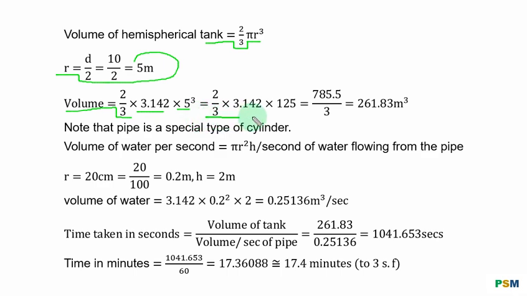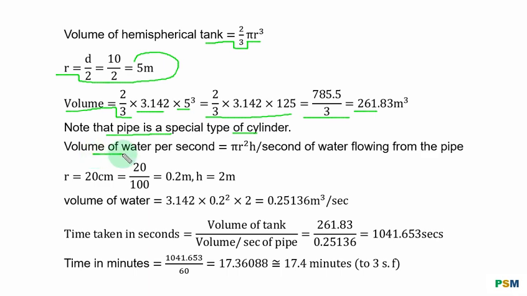You have this result. 5 cubed is 125. When you multiply, you have this result. After division, you have 261.83 cubic meters.